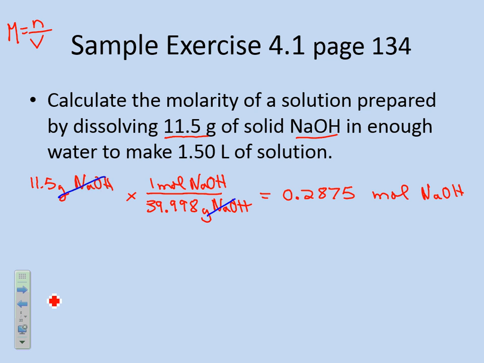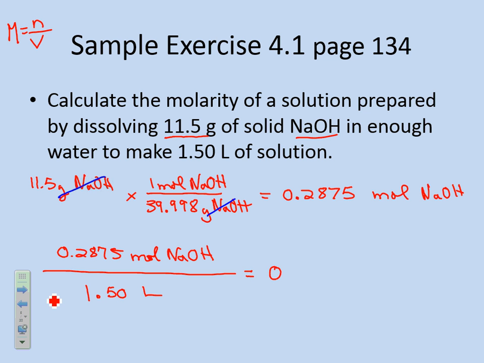To calculate the molarity, I'm going to take my number of moles, 0.2875 moles of sodium hydroxide, and put it over the volume of solution in liters. So I have 1.50 liters of solution. When you divide through, you have a solution that has a concentration of 0.192 molar NaOH.